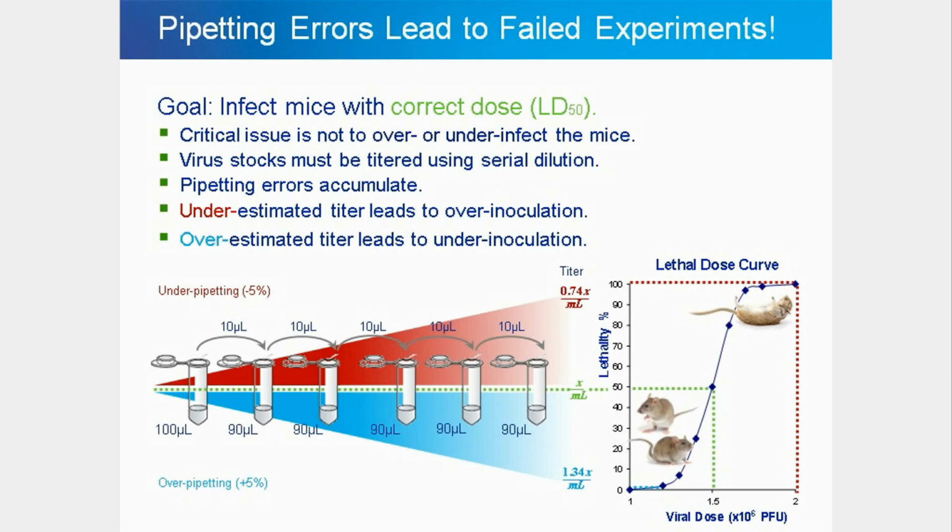Conversely, over-pipetting by 5% leads to overestimating the titer by 34%, which leads to under-inoculating the mice, resulting in all live mice. In both cases, the experiment has failed.